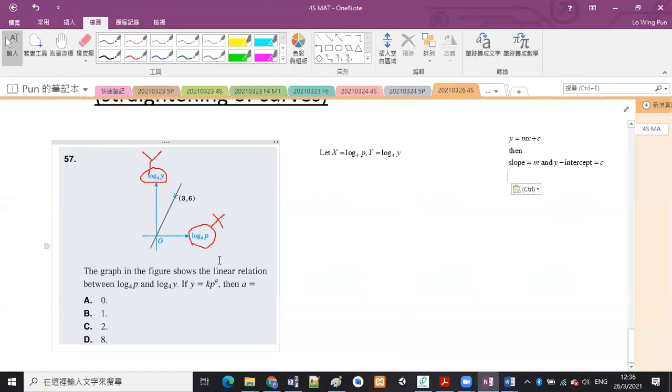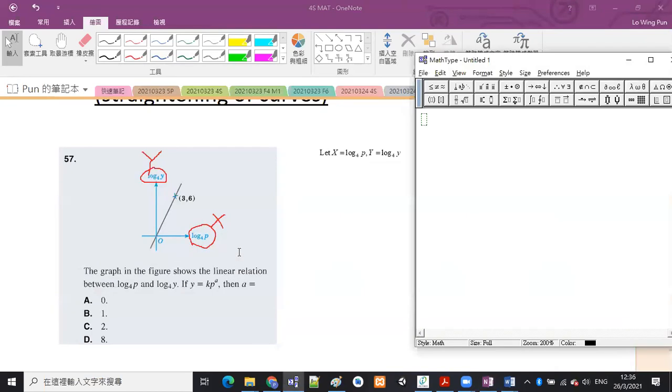Now back to the question. After we let capital X be the x-axis and capital Y be the y-axis, we go back to the equation. It says y is equal to k p to the power a, right? So y is equal to k times p to the power a. We are going to log both sides of the equation.